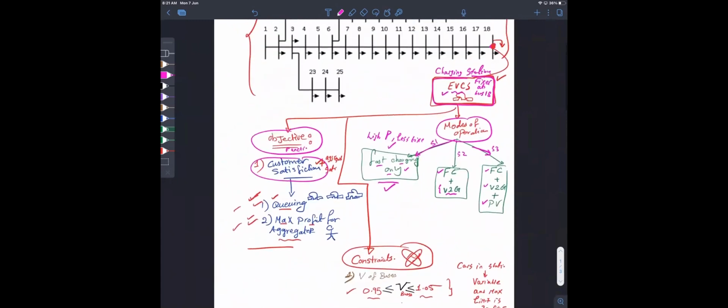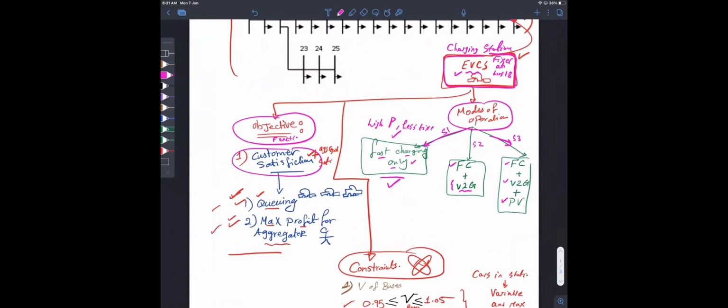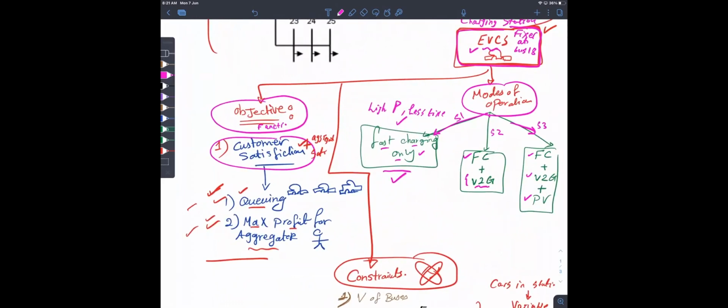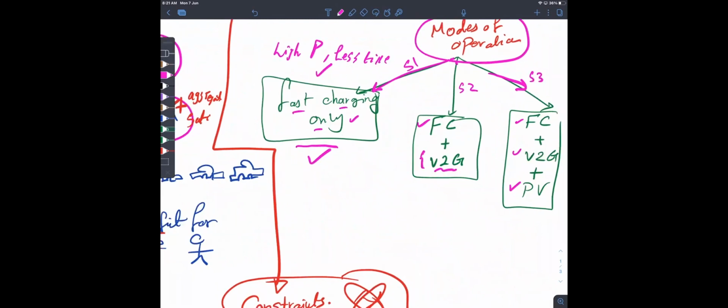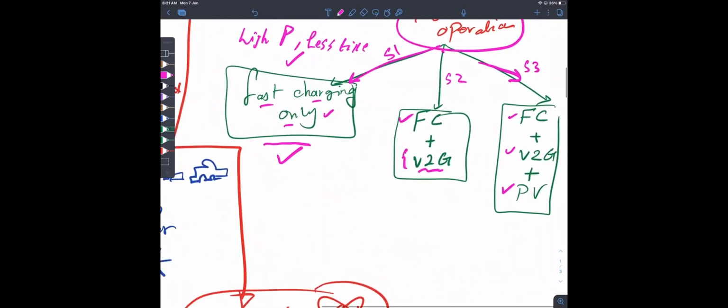Yes, I get it. I have one question here. For the 3 scenarios, first of all, we have fast charging. And for the second scenario, S2, you mean we have to charge our grid from our vehicle, right?